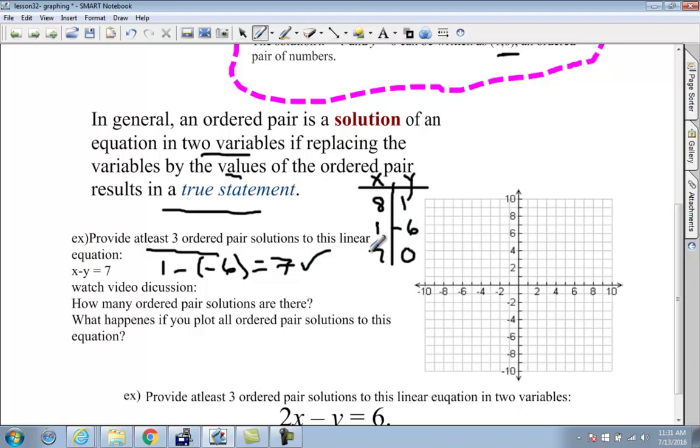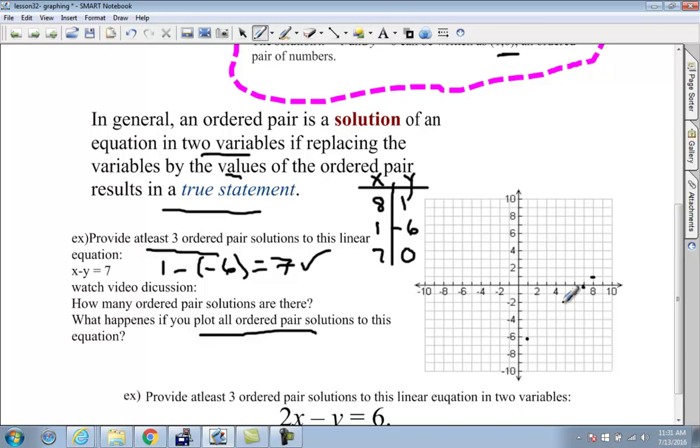The question is, what happens if you plot all your ordered pair solutions? There's something special about where they lie on the grid. So, okay, (8, 1), that's right here. (1, -6), so let's see, over 1, down 6, that's right here. (7, 0), that's right here.